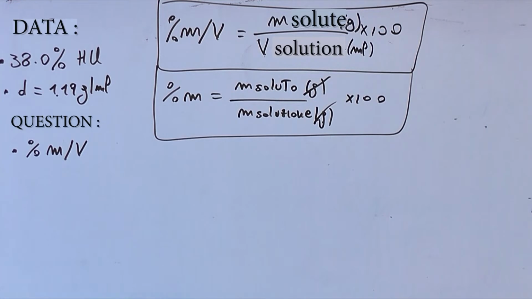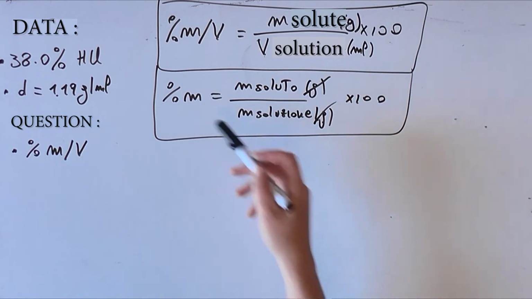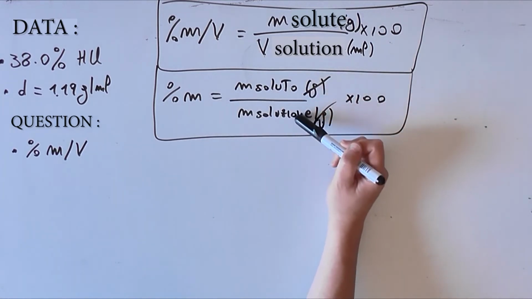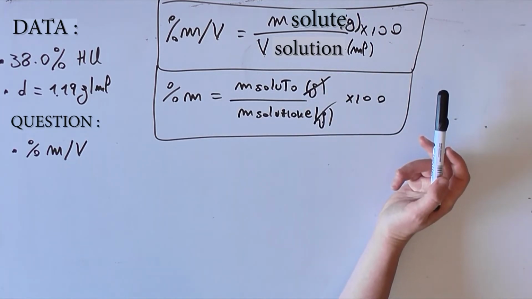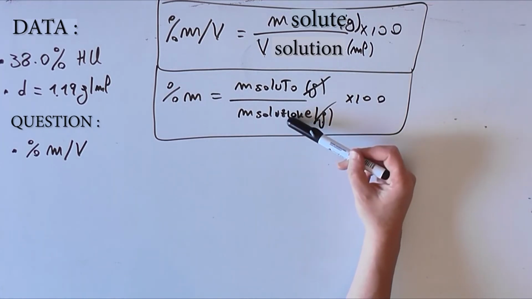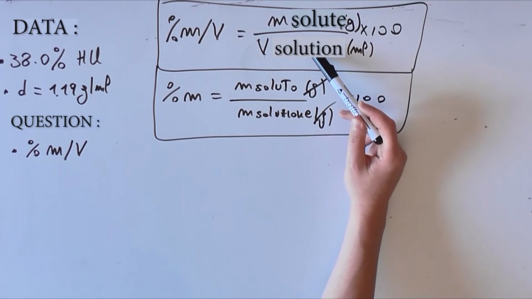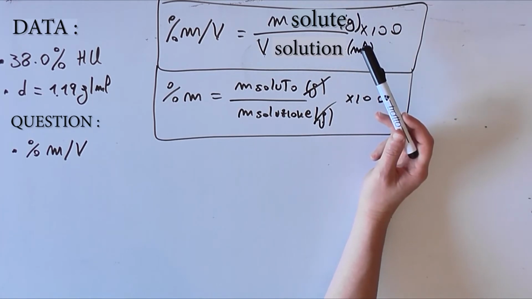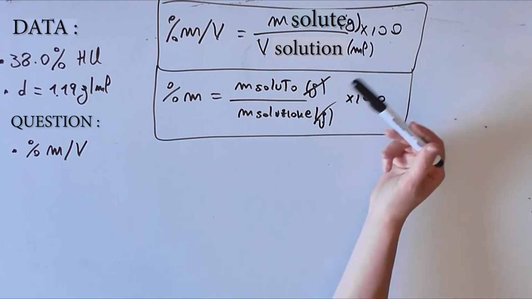So how can I change the number? Apparently I have few data. I don't have the mass of solute. I don't have the mass of solution. So how can I go to the volume of solution if I don't have the mass of solution? How can I work this out?